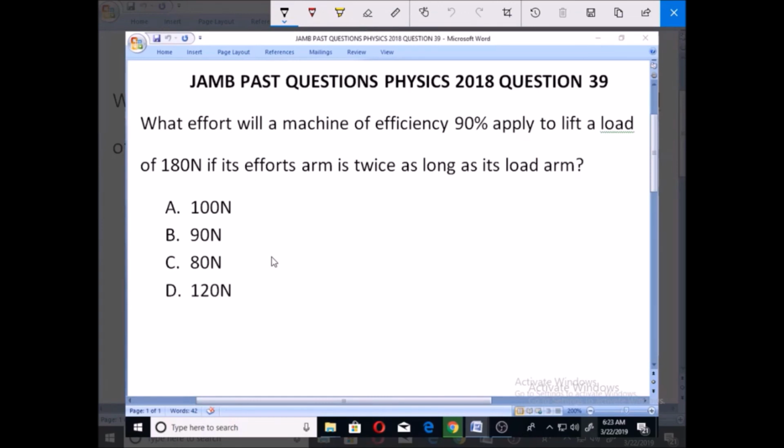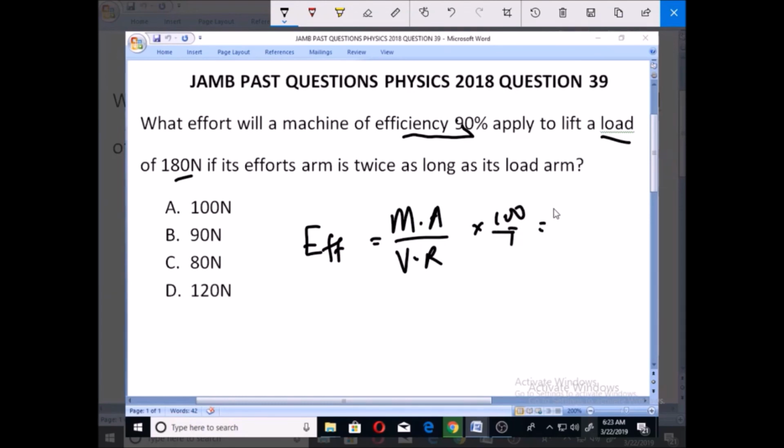Now, for us to be able to appreciate this, whenever you hear the word efficiency together with the word load having their values, then you know that you're going to use the general formula for efficiency for a pulley system, which is efficiency equals mechanical advantage MA over velocity ratio VR times 100 over 1, which you can also write as, because you know that MA is the same thing as load over effort, all over VR, which is velocity ratio, is also equal to distance moved by the effort over distance moved by the load, all times 100 over 1.